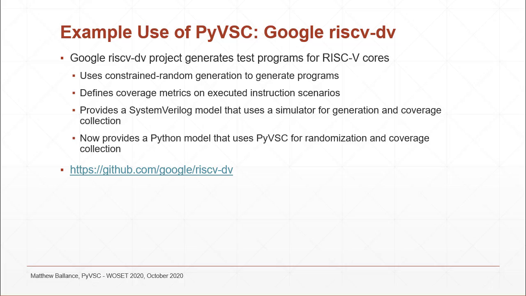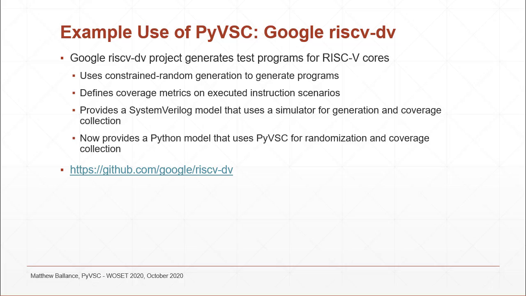Okay, let's look at one example of how PyVSC is being used today, and that's the Google RISC-V DV package. The RISC-V DV project, if you're familiar with it or not, generates test programs for RISC-V cores. It uses constrained random generation to generate test programs, assembly programs.